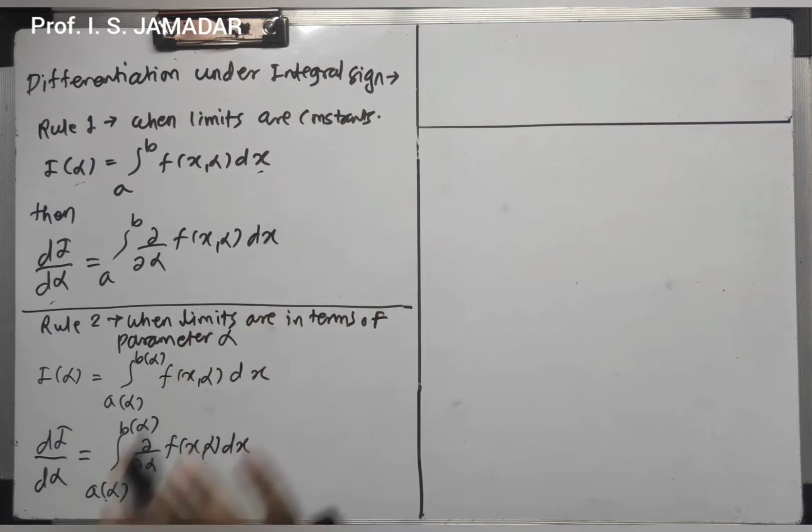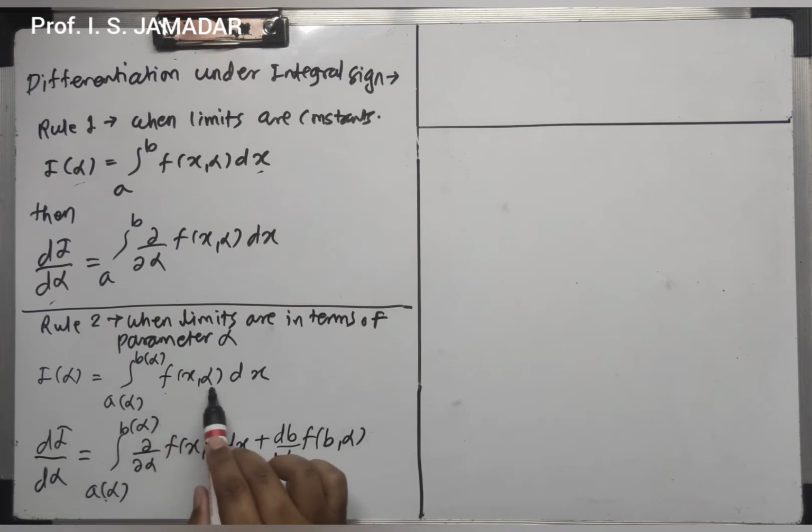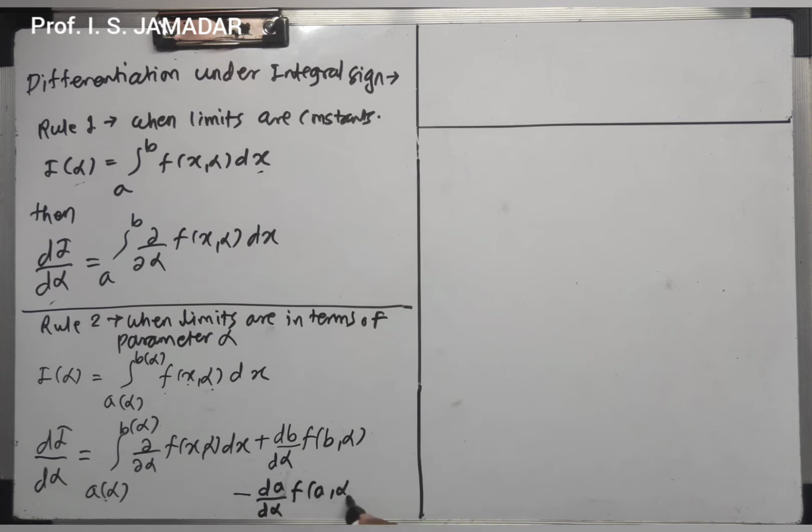This is similar to the first rule, only additionally you have to consider derivative of upper limit db by d alpha into f of b alpha, means whatever the f of x alpha you have, in that replace x by the upper limit, f of b alpha, minus third term dA by d alpha into f of a alpha, means take derivative of lower limit into f of x alpha, replace x by a.